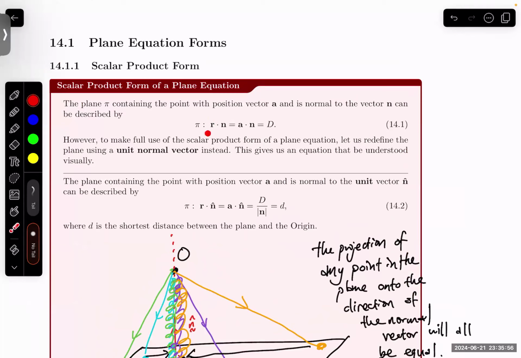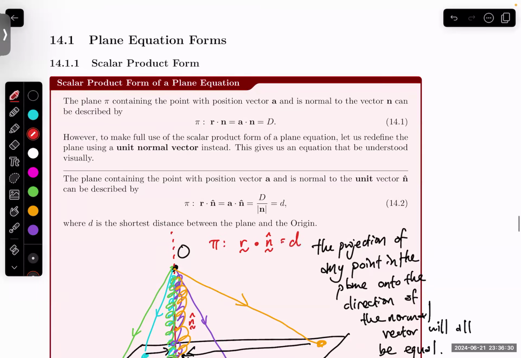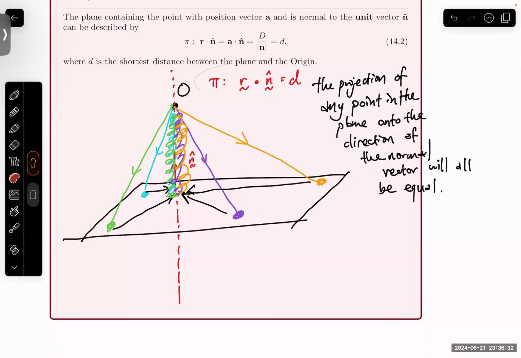Any arbitrary position vector, when you dot it with the normal vector, or in this case the one I prefer, the n hat vector, the unit normal vector, you always get the same number. That's how you define a plane. Plane pi: any random position vector, when you dot it with the unit normal vector, you get the same number. Let me put it down here and annotate this.